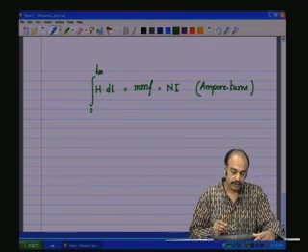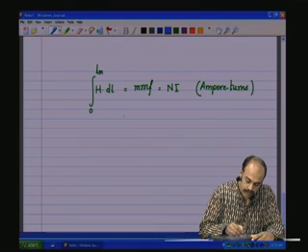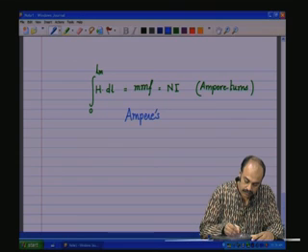This is the units. This is the mathematical statement of Ampere's law.